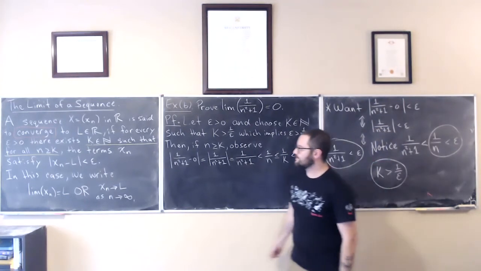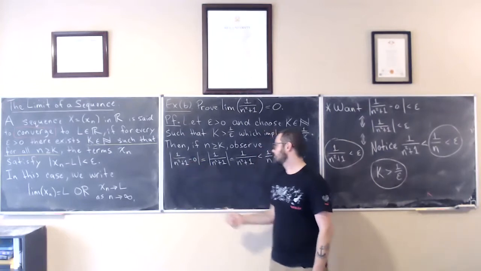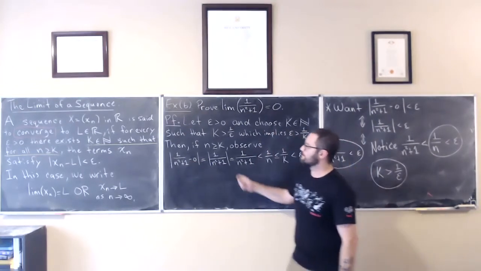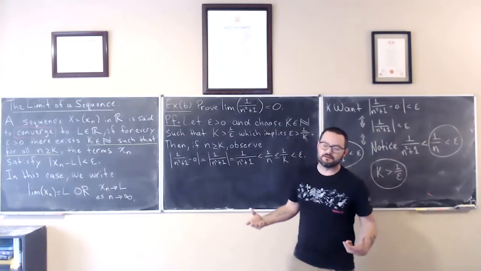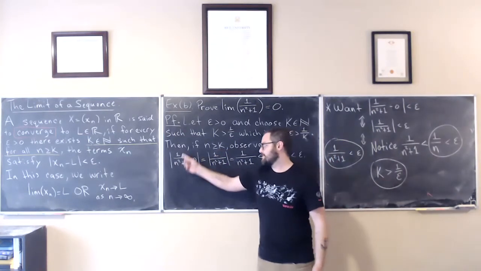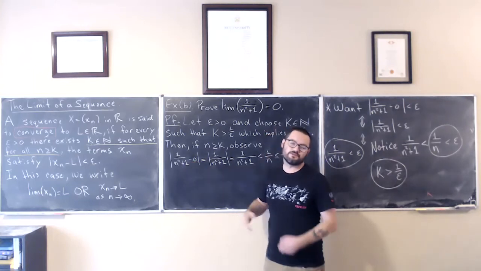In other words, the distance from the sequence to 0 is at most epsilon whenever n is greater than or equal to k. Whenever that value n gets big enough, this thing is really close to that thing, if we choose epsilon to be small.